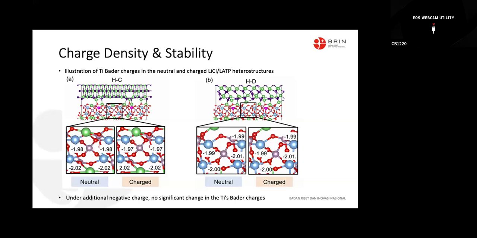The value remains between minus 1.96 and minus 2.04. So there is no change even if it is charged. This result is significant because lithium chloride is indeed capable of protecting LATP.